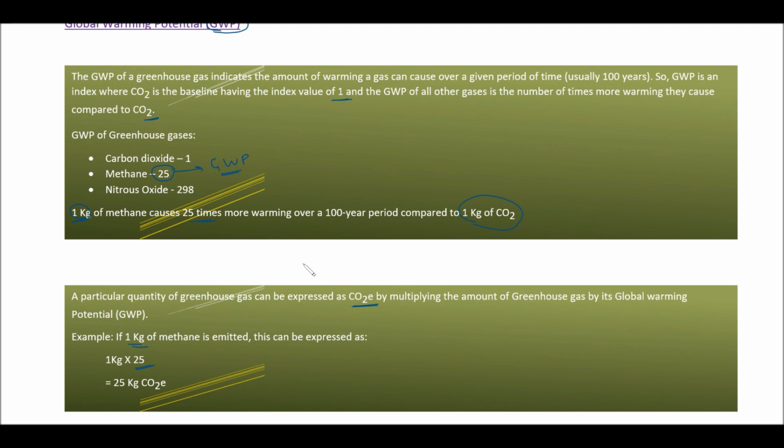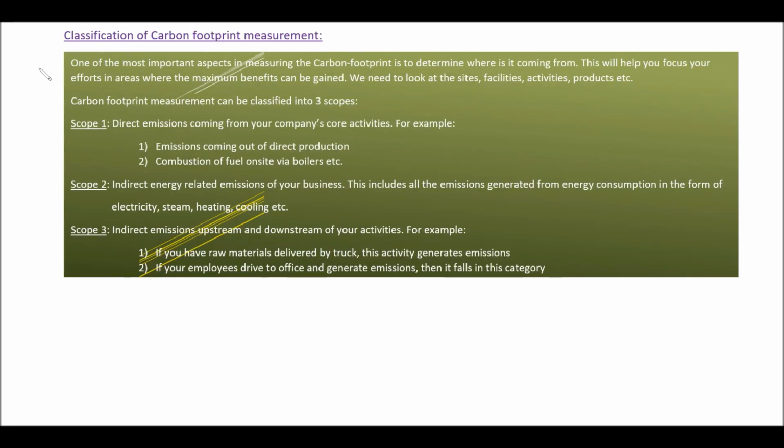So this is all about the carbon footprint and how it can be measured and why it is important to measure it. Now let's look at the classification of the carbon footprint measurement. One of the most important aspects in measuring the carbon footprint is to determine where it is coming from.